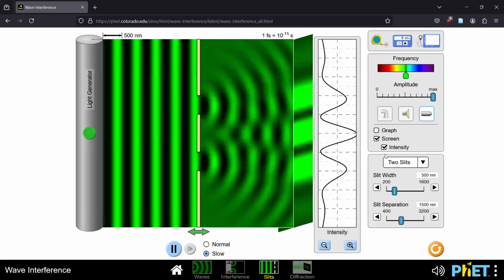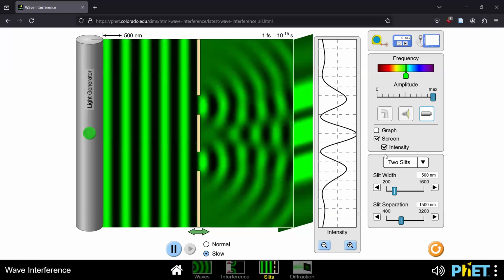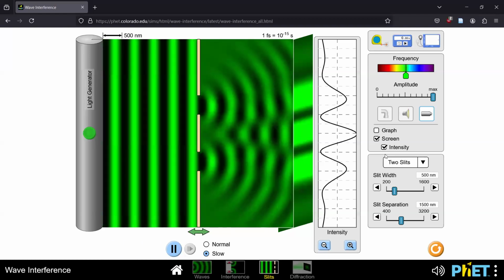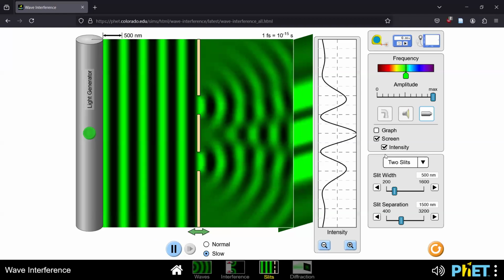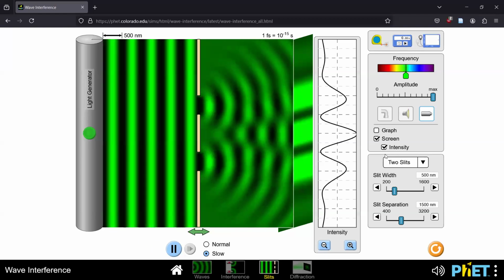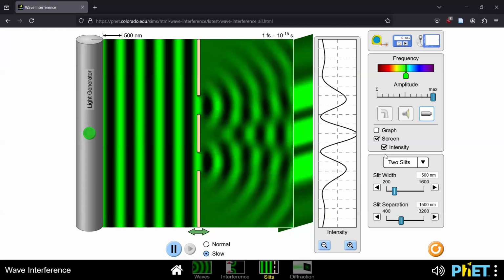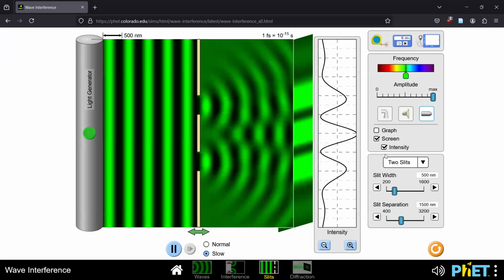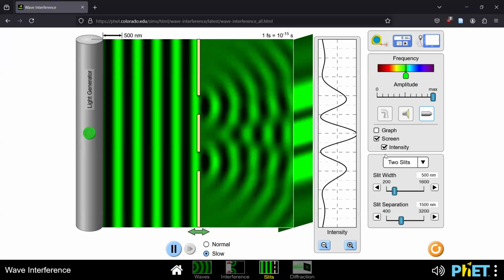You can see now that we've gone from having this straight moving plane wave to having regions where the two waves that propagate out of these slits either constructively interfere, which means that the peaks of this wave hit the screen at the same time the peaks of this wave hit. And then there are regions where the peak of one hits the trough of the other and they cancel out. You have constructive and destructive interference of the waves.